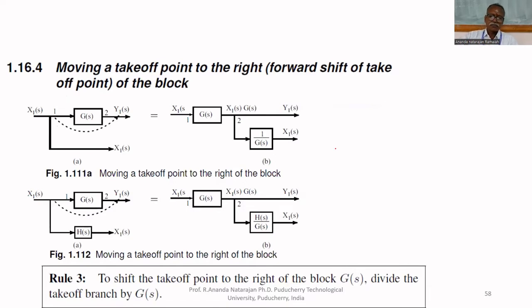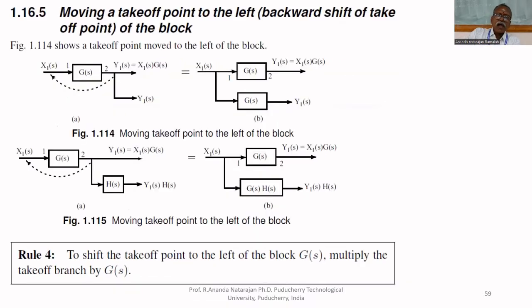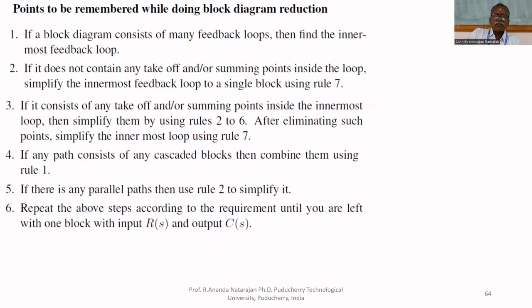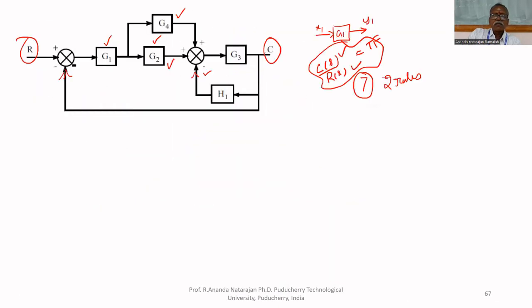Third block. In the block diagram, this is called a takeaway point. The output of G1 is given to G2 as well as G4. That's why this point is called a takeaway point.